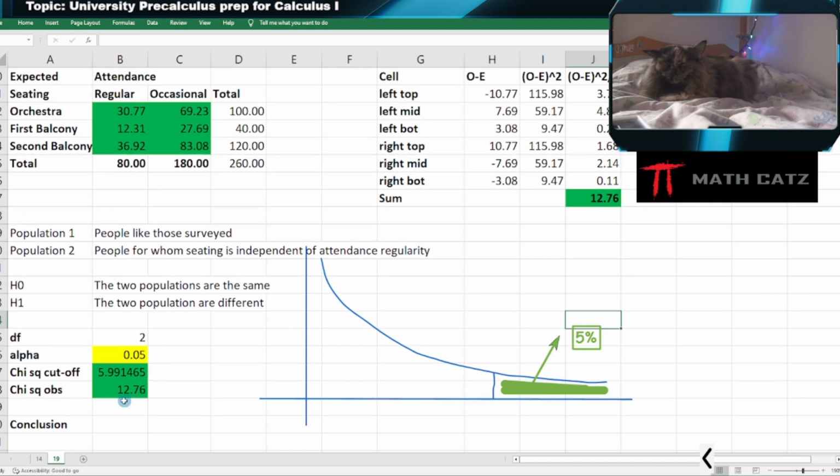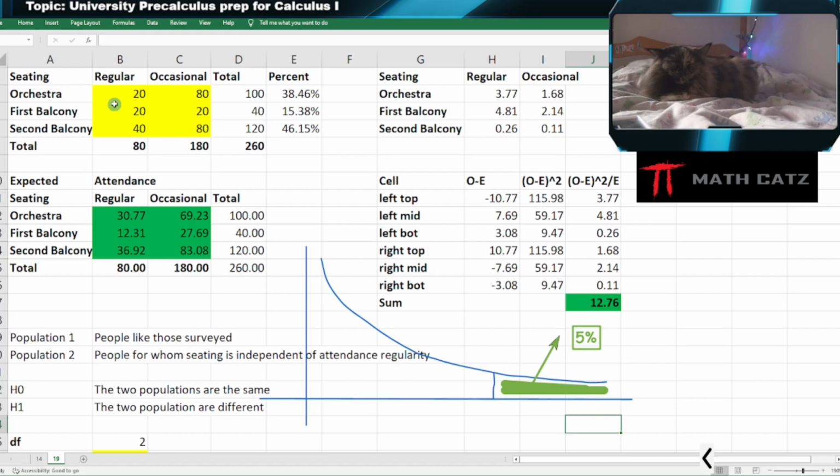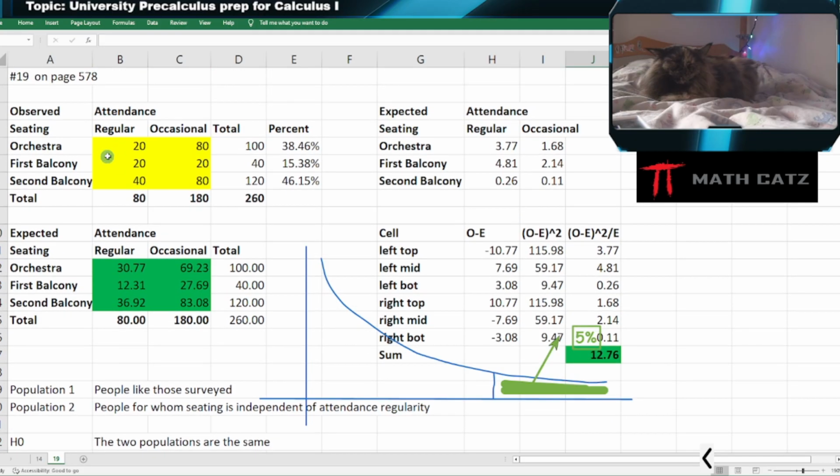So we see that, again, our observed chi-squared score is further out than our almost 6 cutoff value, meaning that there's too big a difference between what we observed in attendance sample values versus what we would expect if they were actually independent of the seating position.